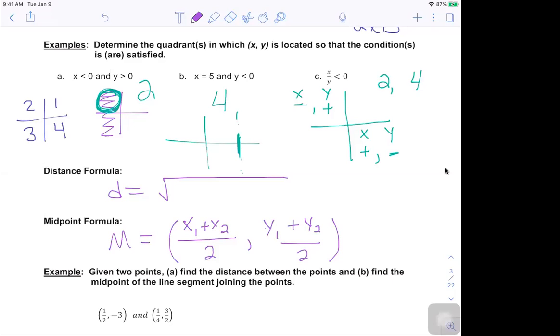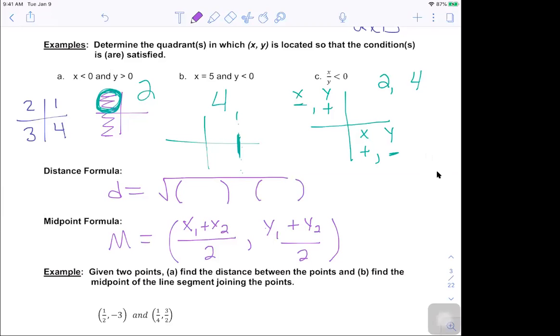Grant, do you remember the distance formula? Isn't there like a plus in front of the... nah. I don't remember it. No, this one's hard. Jack, what do you think?